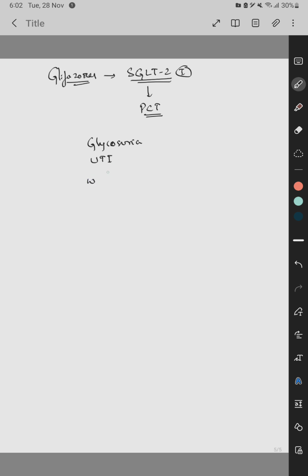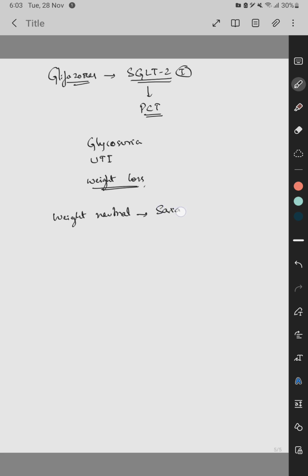And also it causes weight loss. There are weight loss, weight gain, and weight neutral drugs in diabetes. One of them, the gliflozins, causes weight loss. What are the weight neutral drugs? Weight neutral drugs are gliptins. Yeah, linagliptin, saxagliptin.